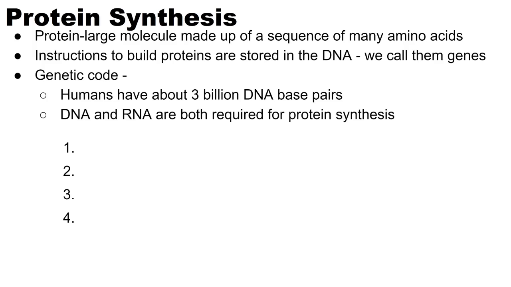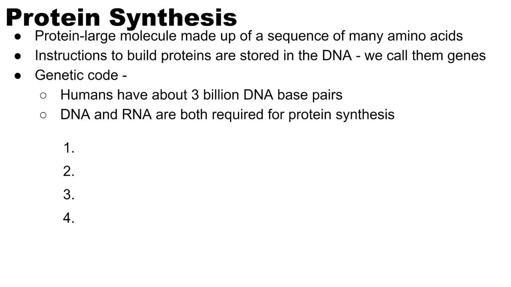The way those proteins get built, the recipe, the instructions for how to make these proteins, which amino acids to put together, that information is stored in the DNA. When we use the word genes, we say we have a gene for blue eyes.